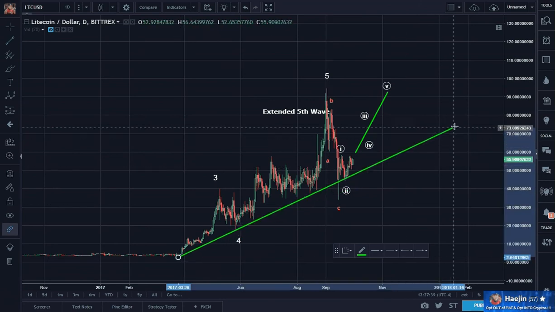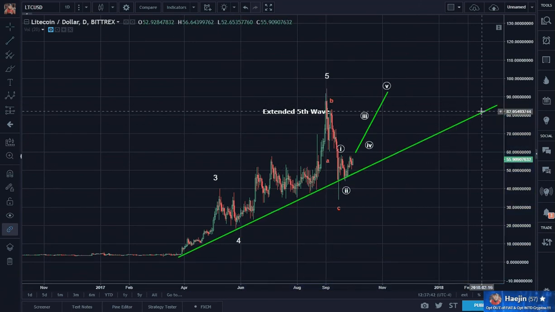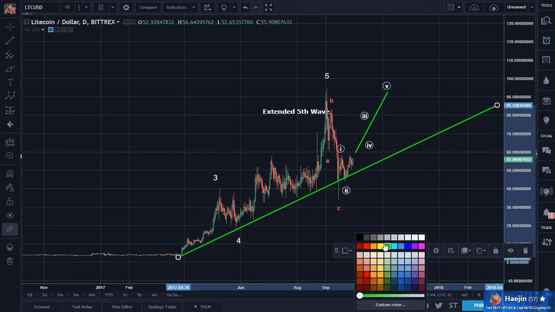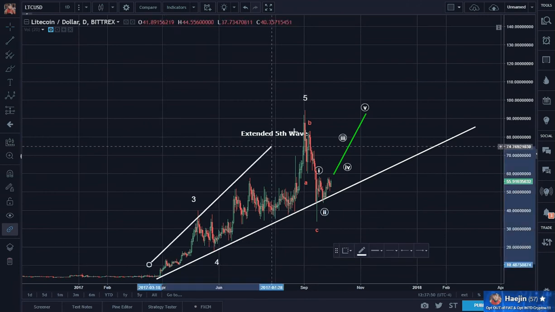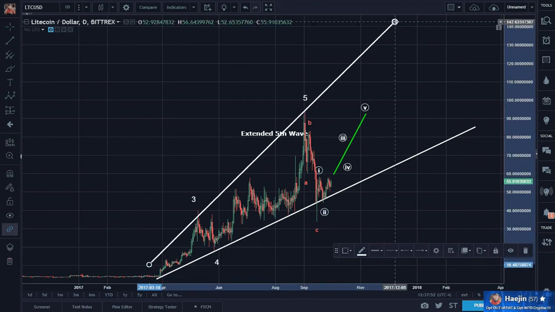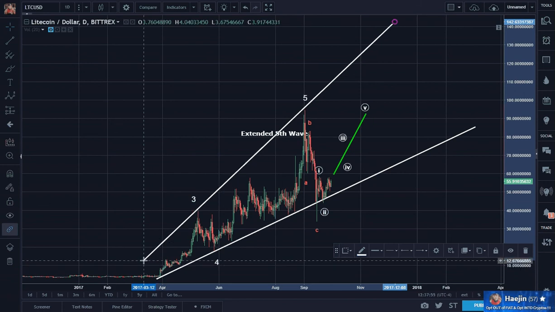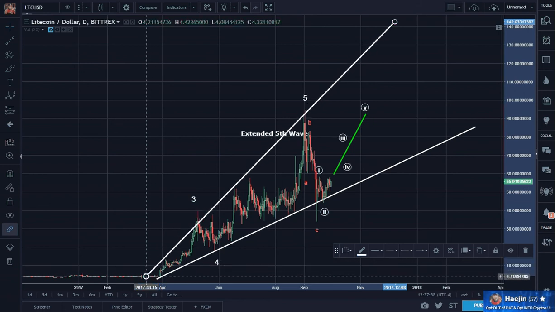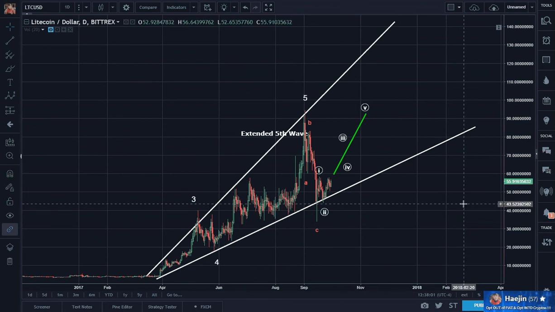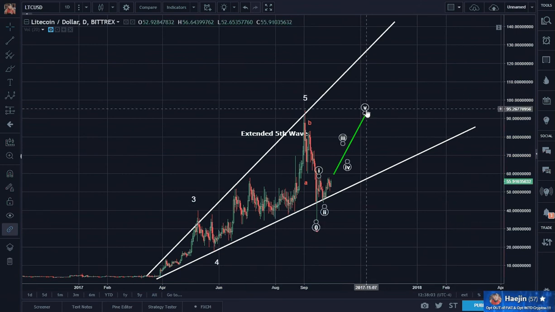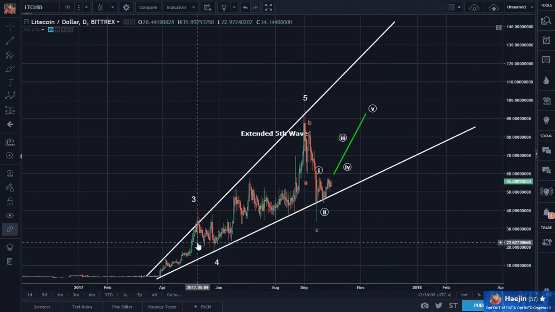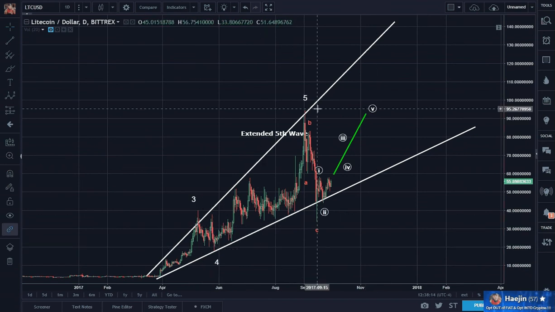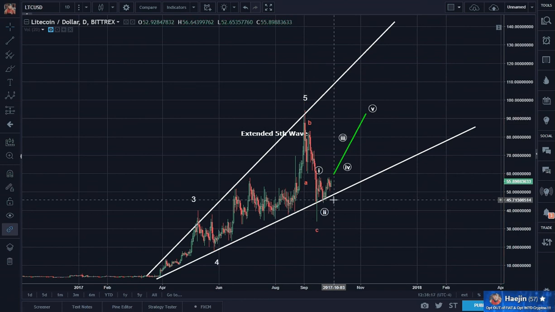Just drawing some lines. So we have A, B, C, D, E, corrected, touched.